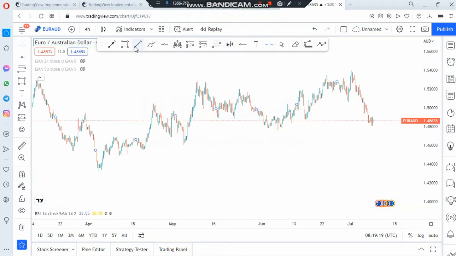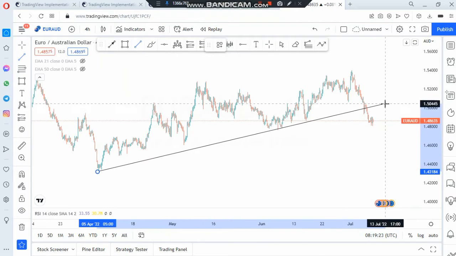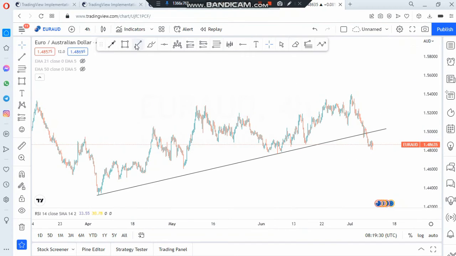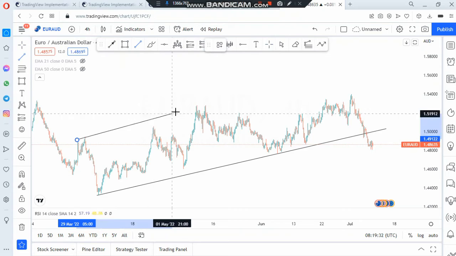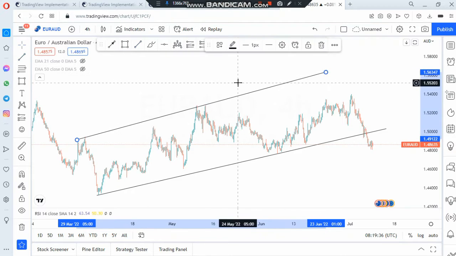So as you can see here, you can put a trend line right below here. Okay, then we can draw our second trend line from this area right here.